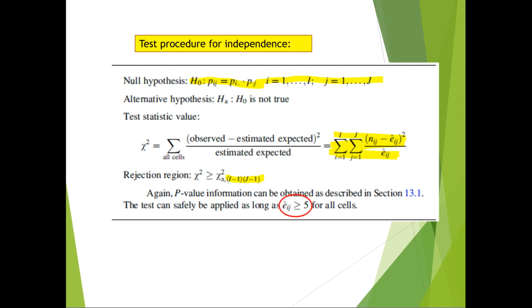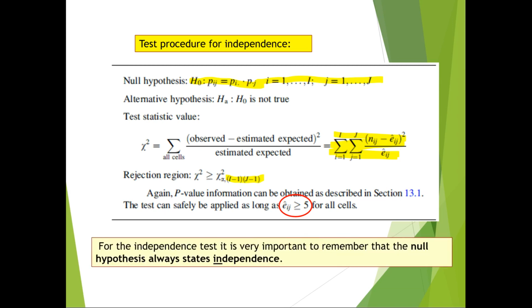Also remember that your estimated frequencies, your expected frequencies, must be at least 5. And I've just written it down again. Remember that the null hypothesis always states independence.